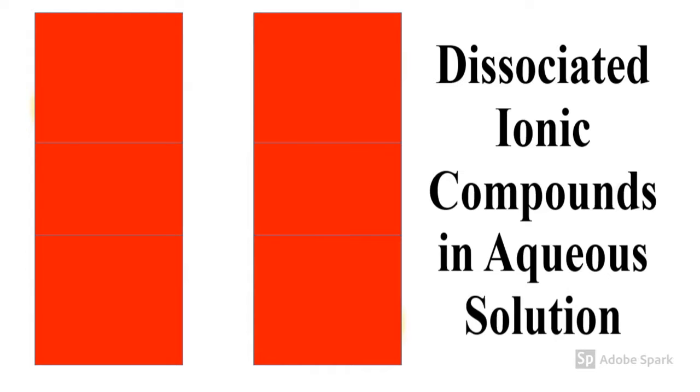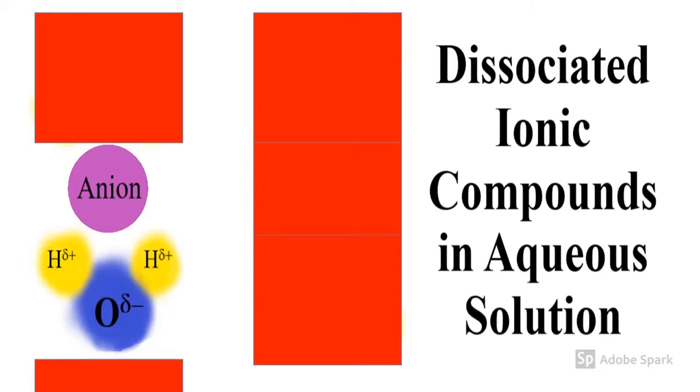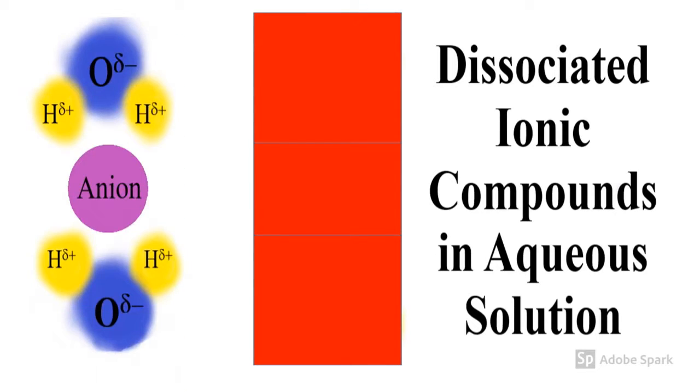Now, the reason this happens is because there's an attraction between the solute and the solvent. Let's consider the anion first. The anion is negative. Therefore, the positive ends of the solvent will surround it and sort of hang out with it in the water.